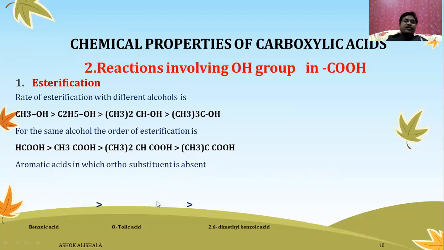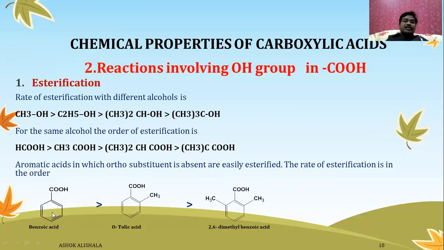In the case of the aromatic acids, if the ortho position is not occupied, then they are easily esterified. The rate of esterification is in this order: benzoic acid is esterified faster than ortho-toluic acid, then 2,6-dimethyl benzoic acid.